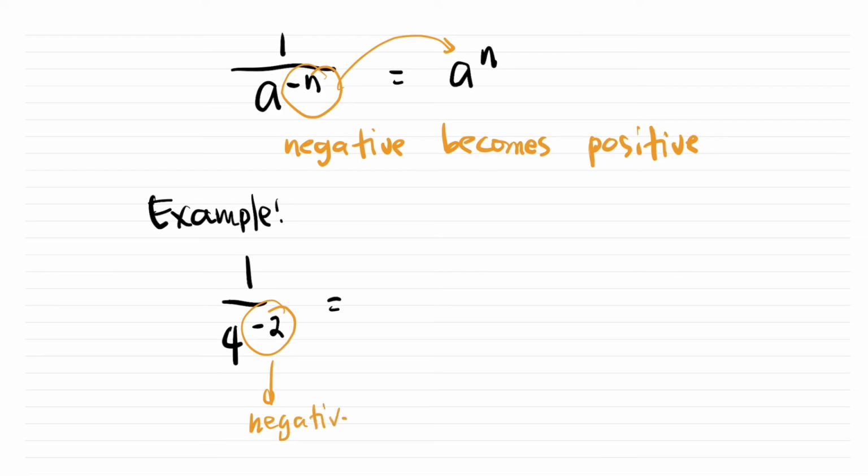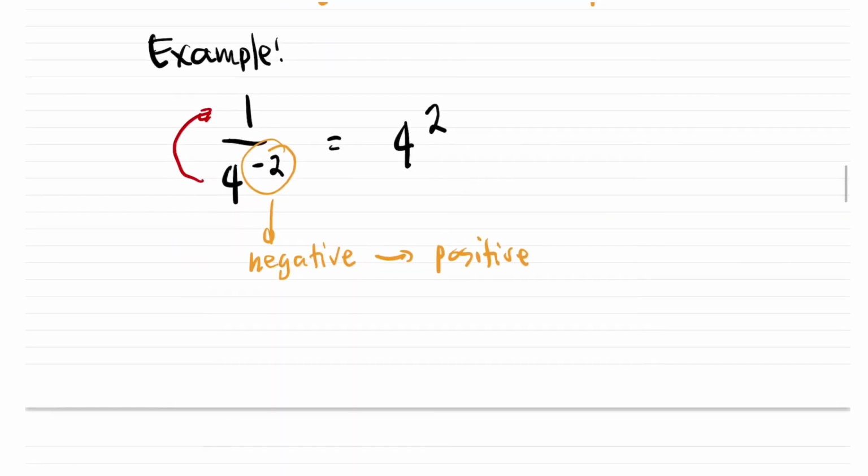So we have to make this one positive. So it becomes 4 to the power of 2, because you move this one up. Now what if we have another example?